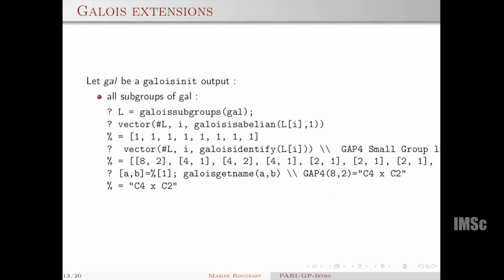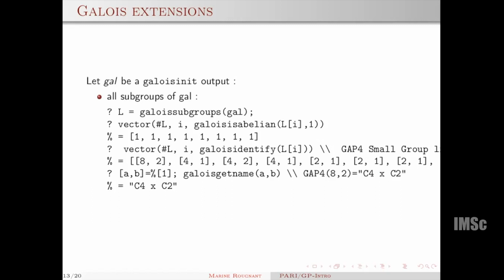Once you have a Galois output, you store the structure of your group, and with this structure you can do something else, for example, get the list of all the subgroups.